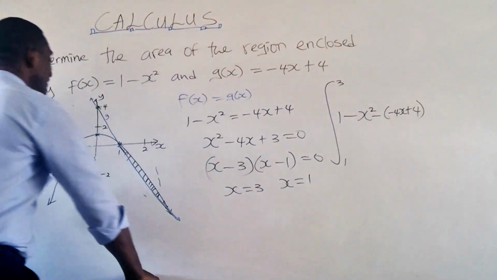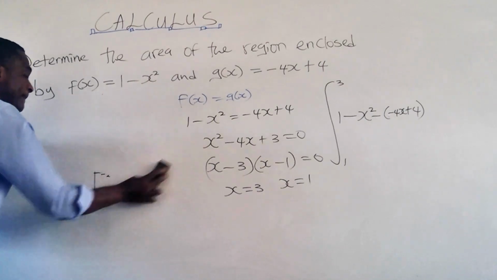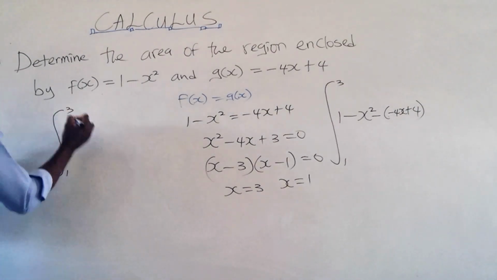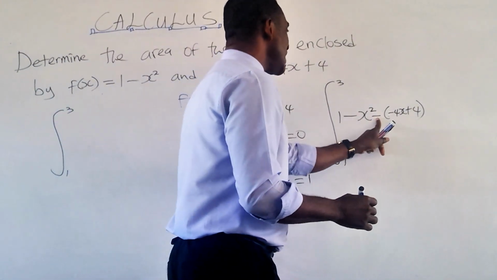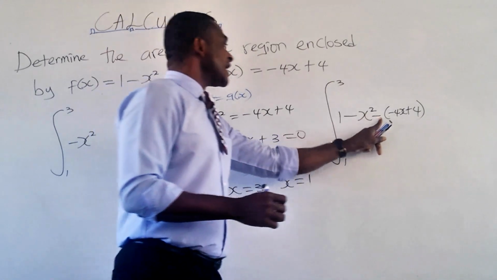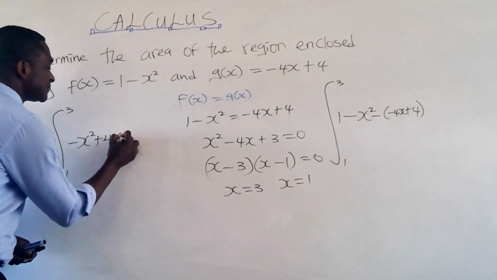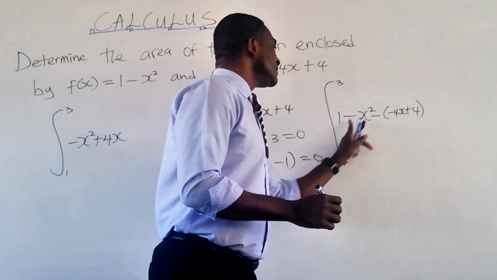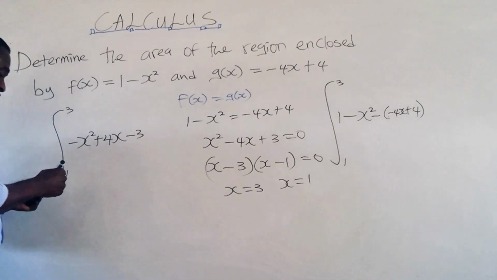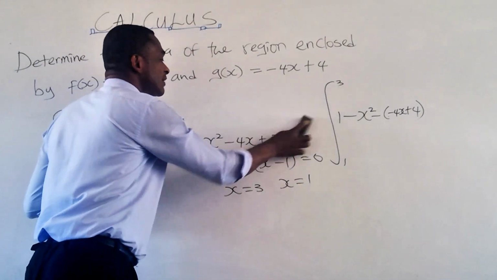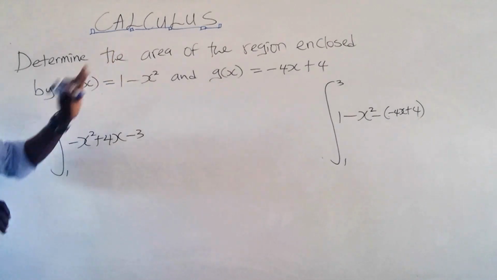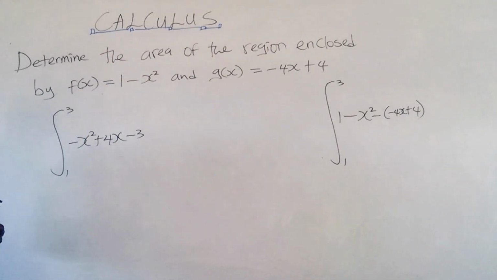If we simplify that, the definite integral from 1 to 3 of this: 1 minus 4 is -3, so we have -x² plus 4x, then minus 3. We will look for the definite integral of this function over the interval 1 to 3, and that will give us the area of that enclosed region.